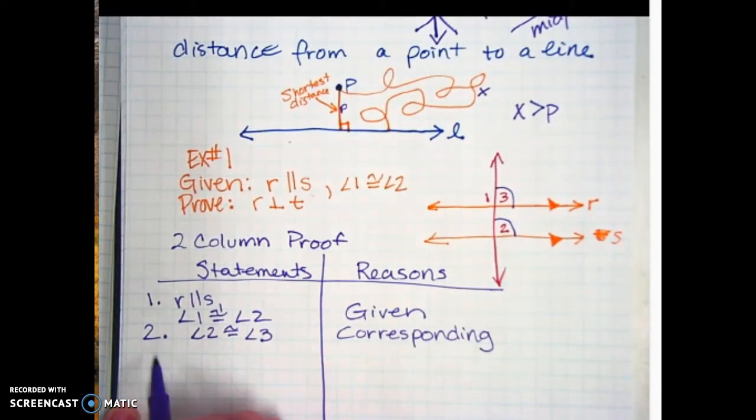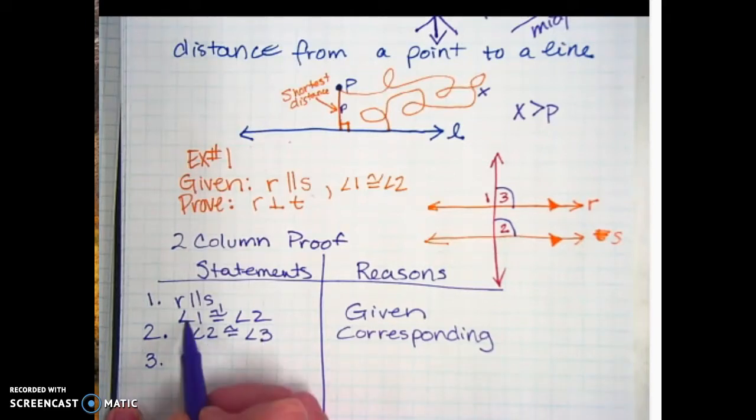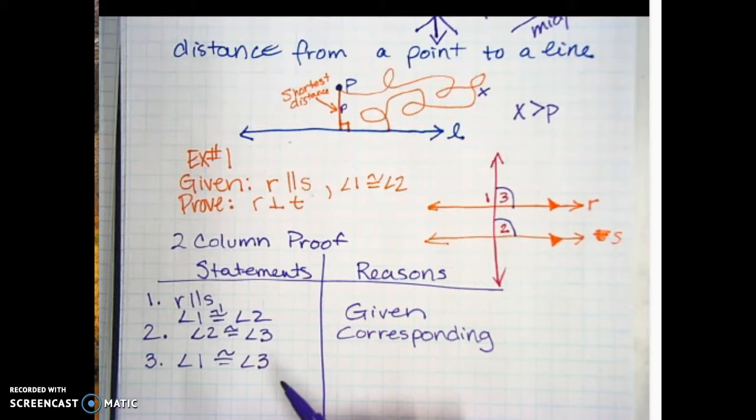Step number 3, we'll see what we can have here. We have angle 1 is congruent to angle 2, and angle 2 is congruent to angle 3. So if angle 1 is congruent to angle 2 and angle 3 is congruent to angle 2, we can say that angle 1 is congruent to angle 3 because they're both congruent to angle 2.